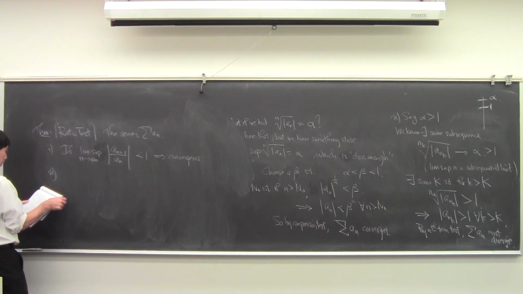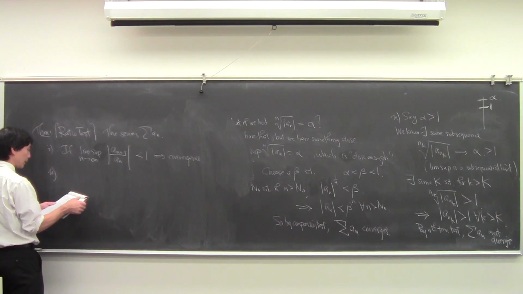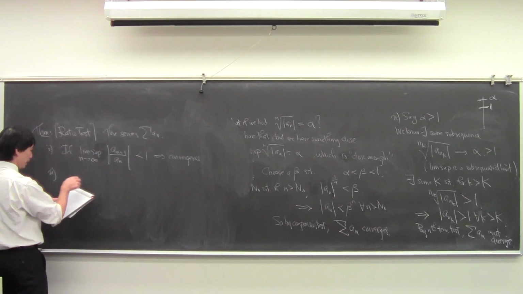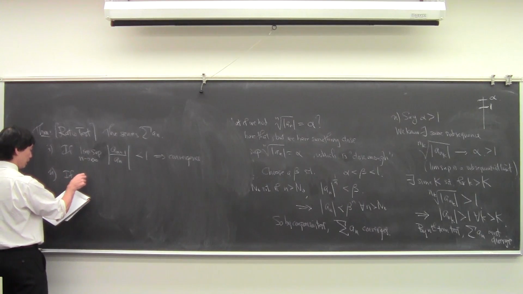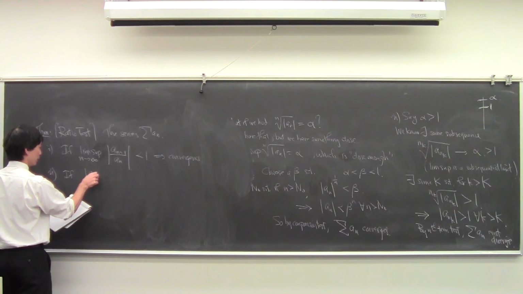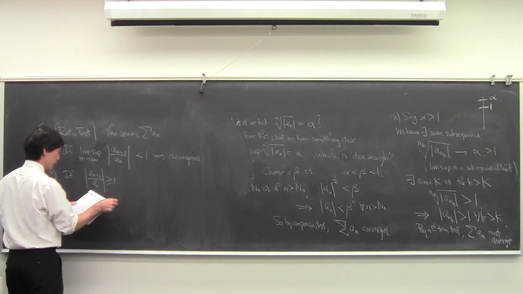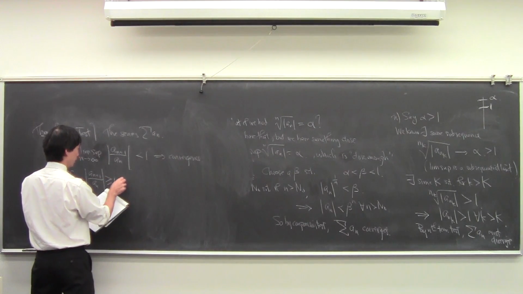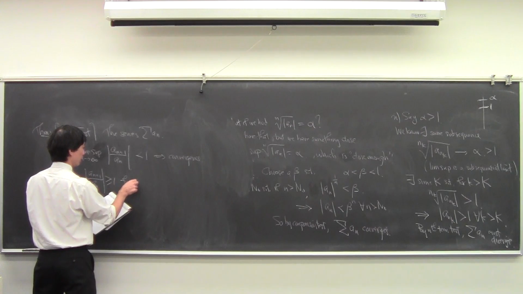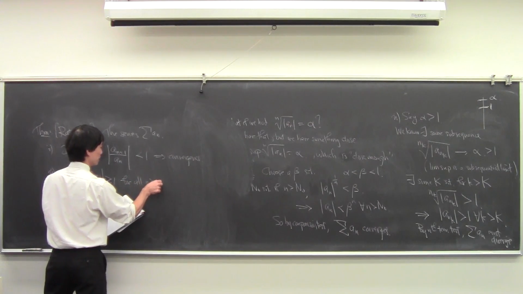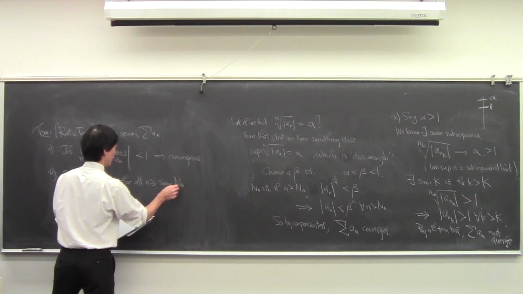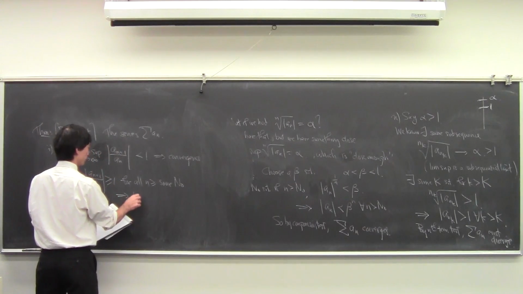If the ratio exceeds or is equal to 1 for all n bigger than some n naught, then you have divergence.